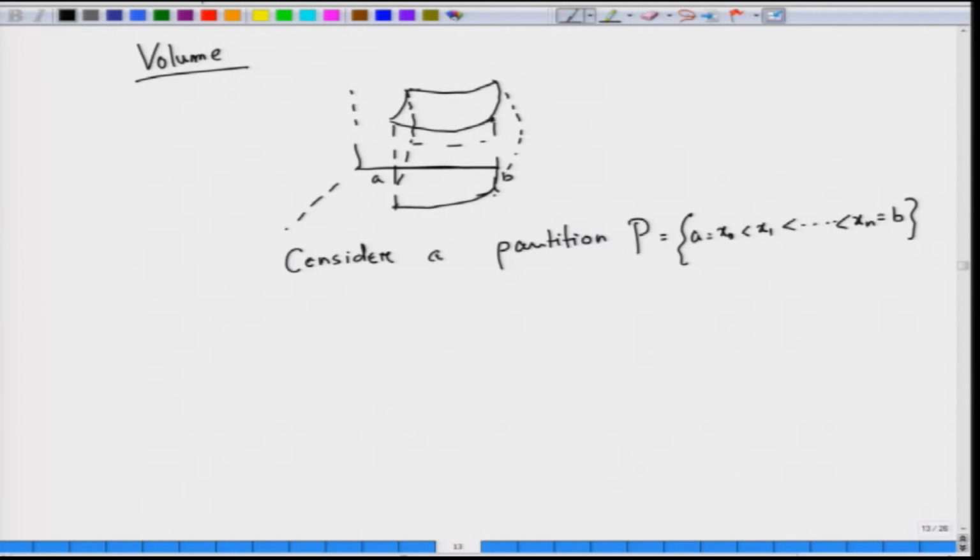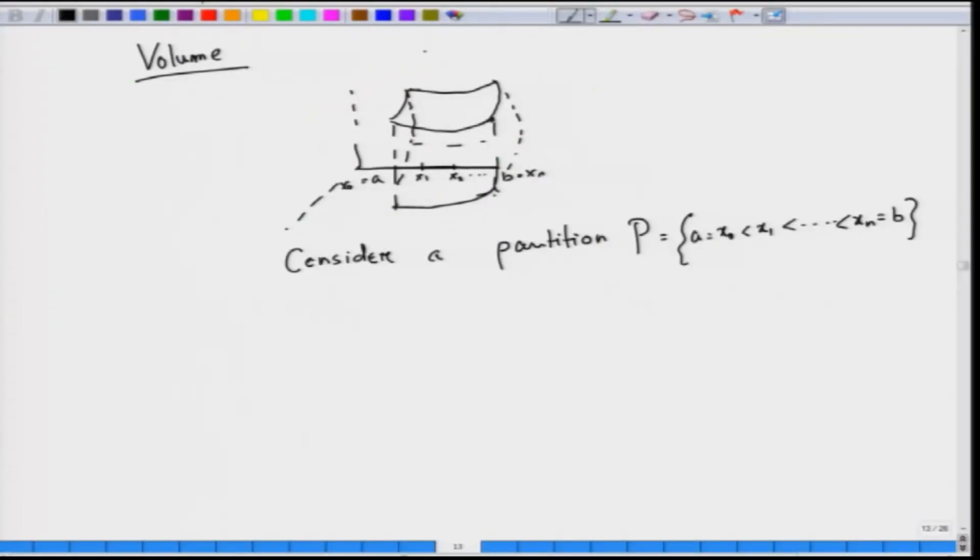Here are the points: this is x 1, this is some x 2 like this, and this is equal to x n. Now, look at the plane perpendicular to the x axis at this point. If you make a slice of this plane, think of a knife you are putting in perpendicularly, you are going to get a surface.